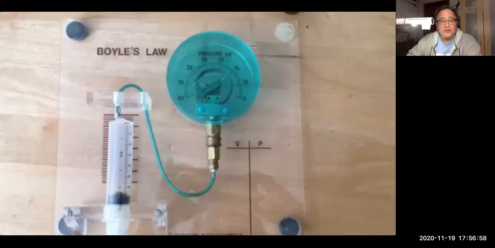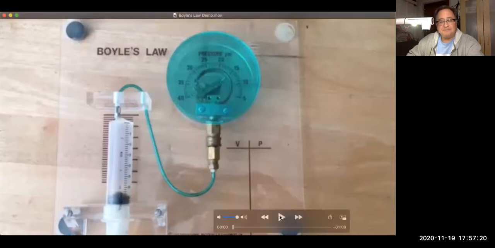And what we're going to do here is take this syringe, which is airtight, and push the plunger into the syringe and decrease the volume in the syringe and see what happens to the pressure of the gas. So we're going to change the volume and see what happens to the pressure. So let's take a look here.